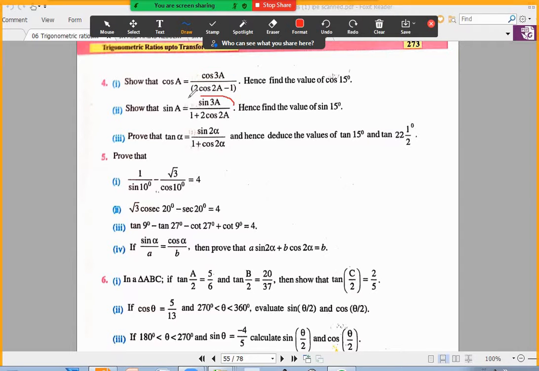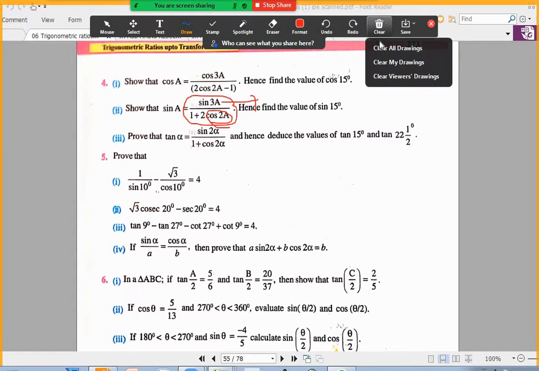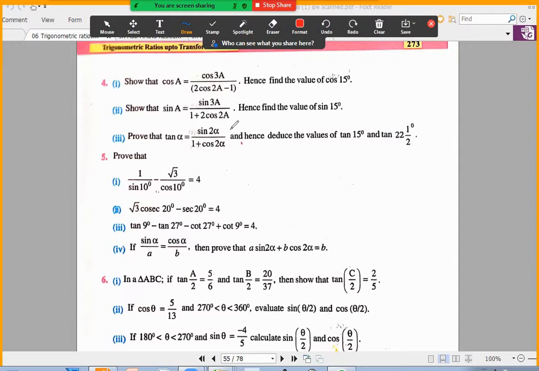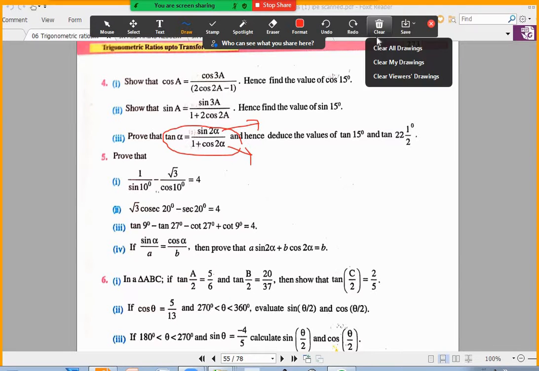Similarly here, sin 3a you write only one formula, 3 sin a minus 4 sin cube a, and it is better to write cos 2a here as 1 minus 2 sin square a. Then in the numerator sin a is common, again they'll get cancelled, you get sin. This one is easy. Start with RHS. Sin 2 alpha is 2 sin alpha cos alpha. 1 plus cos 2 alpha is 2 cos square alpha, and then you get tan alpha.